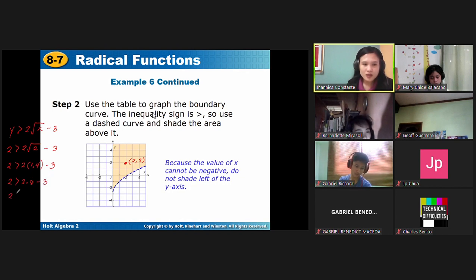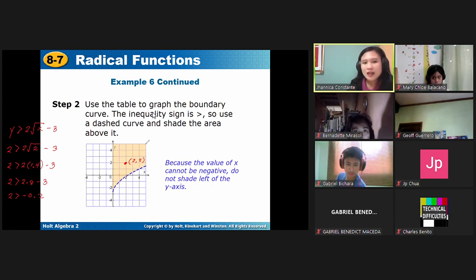So 2 is greater than negative 0.2. So the statement is correct that 2 is greater than negative 0.2.